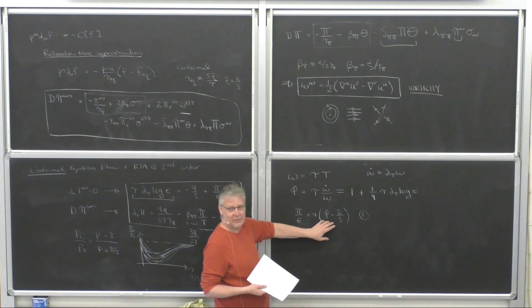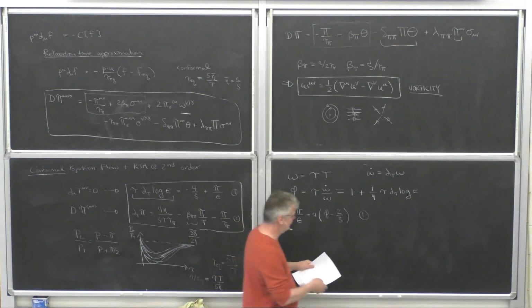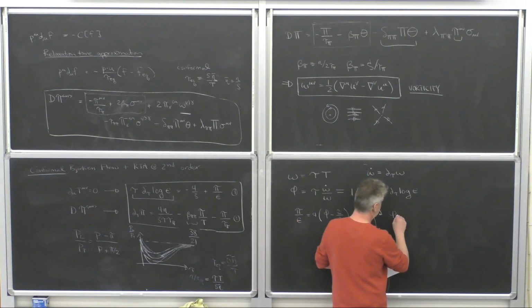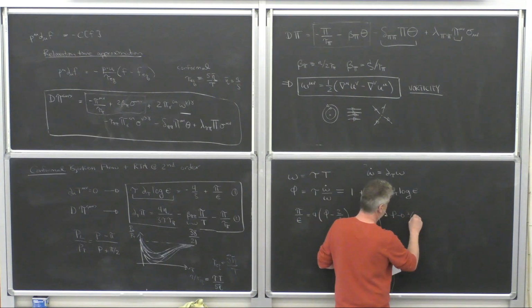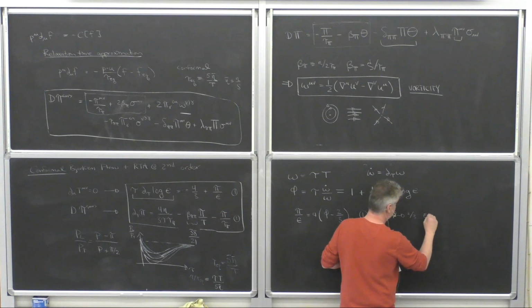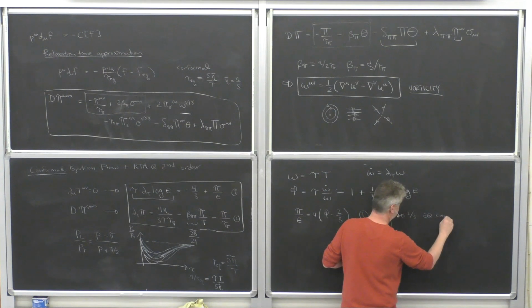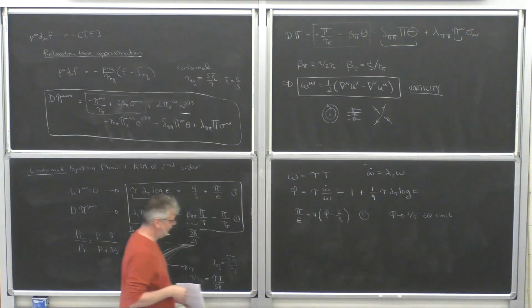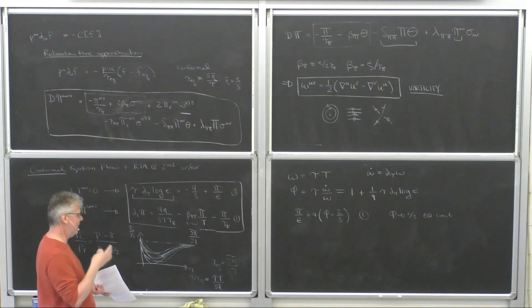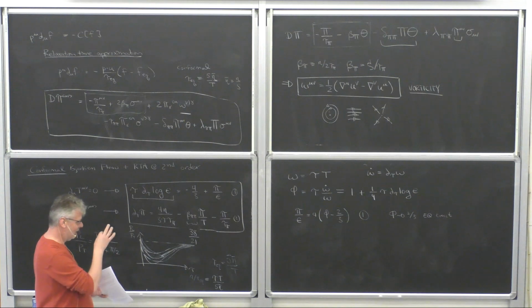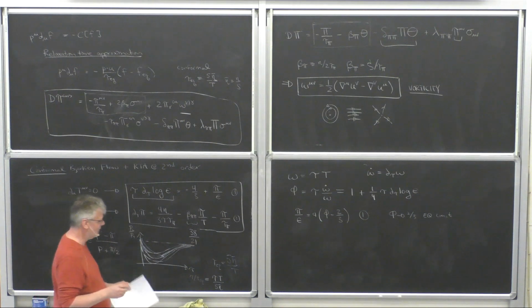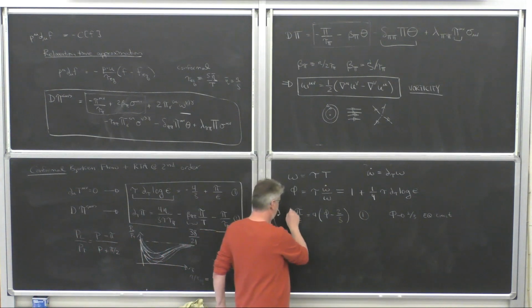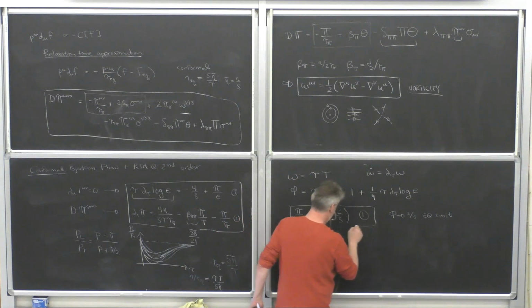So phi of 2/3 is the equilibrium limit. And as we'll see, there are bounds on phi if you want the pressures to be positive, but we'll come to that later. So that's the first equation.